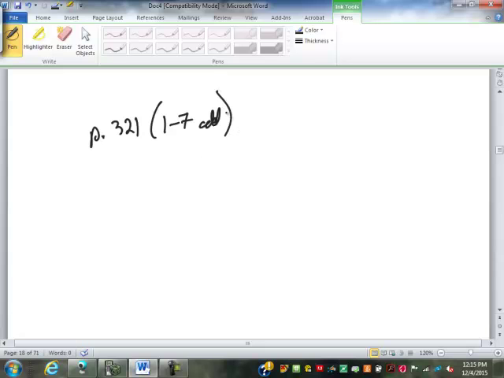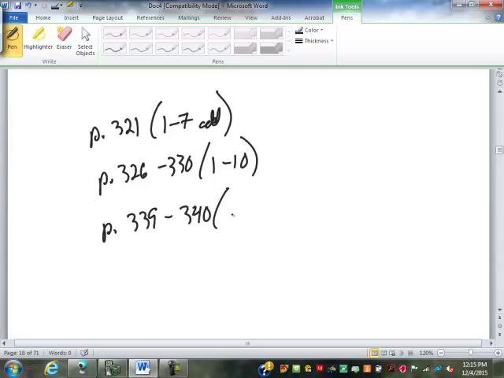Homework that matches up with what we've discussed this week. In your book, page 321, 1 through 7, the odd. Page 326 through 330, just kind of a review of graphing a little bit, statistical graphs, 1 through 10. Page 339 through 340 is 1 through 9, the odd.